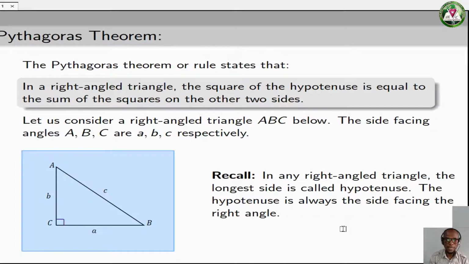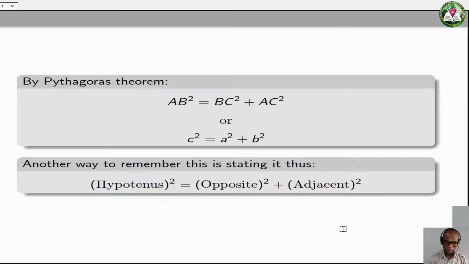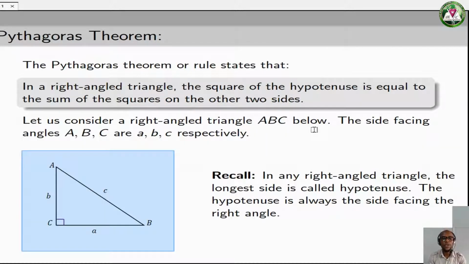So now let's see what this Pythagoras theorem looks like mathematically. The Pythagoras theorem states that the square of the hypotenuse equals the square of the opposite side plus the square of the adjacent side. Now, if you look at this triangle you have here, you can see that the hypotenuse side is c.